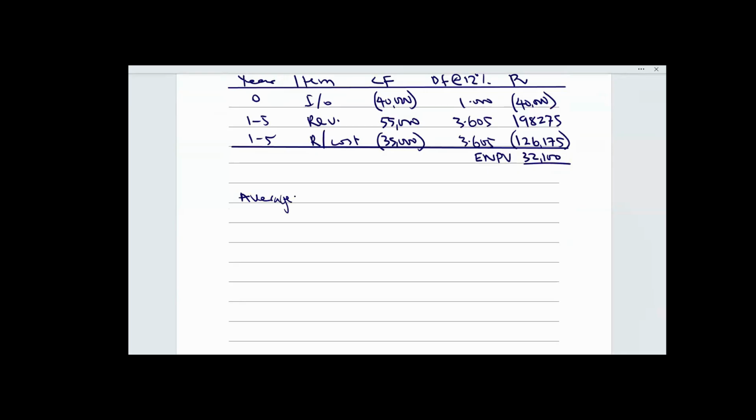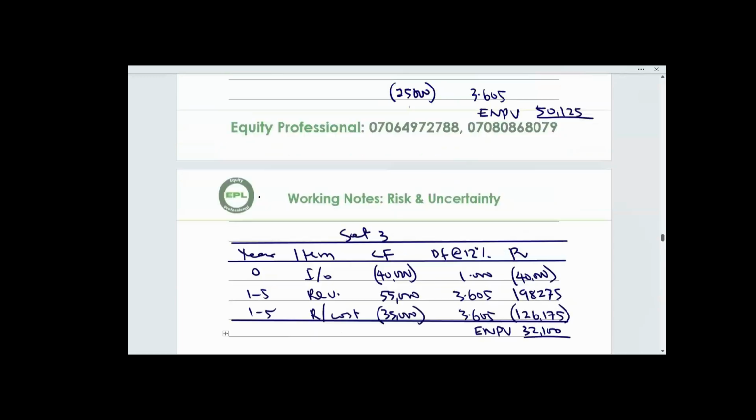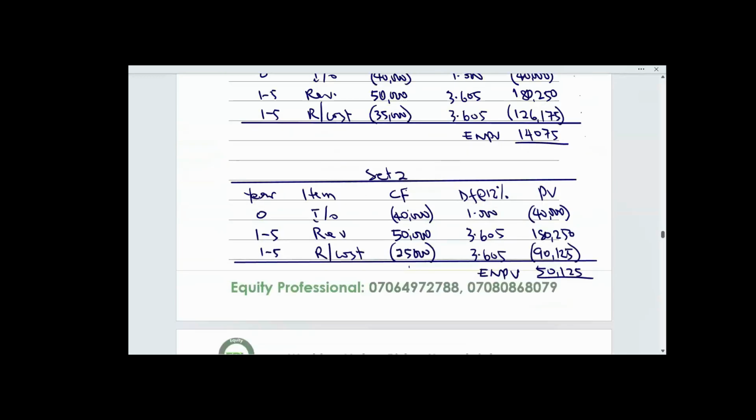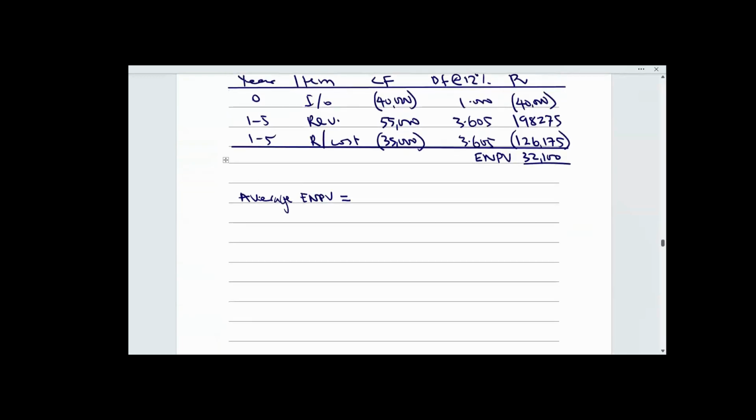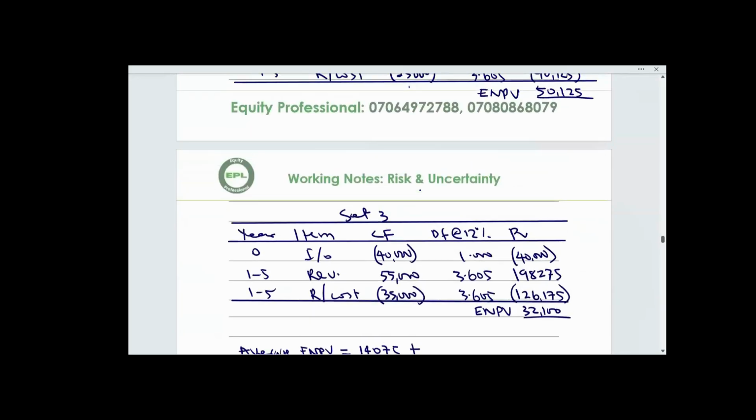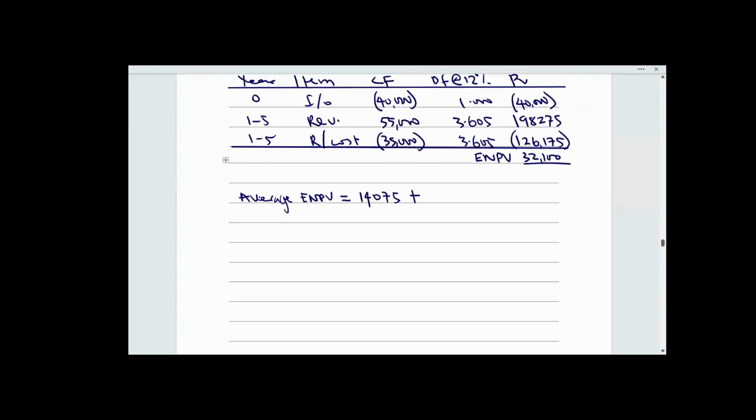Average expected net present value would then be equal to the first expected NPV, which is 14,075, plus the second one, which is 5,125, and for the third set, 32,100.